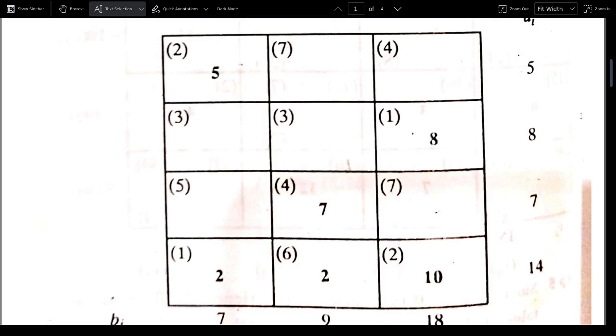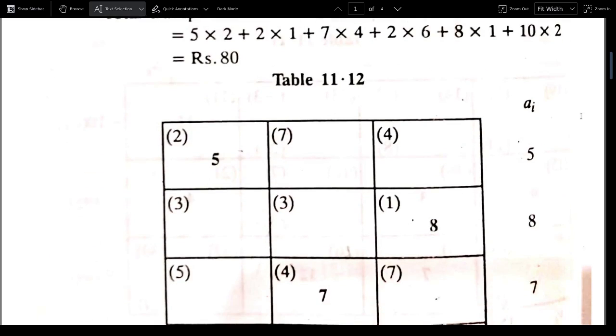We find the penalty as the difference between the lowest cost and the second lowest cost, right? So 2 is the lowest cost and the second lowest cost is 4. So 4 minus 2 is 2. So in the first row, the penalty is 2. Clear, everyone?